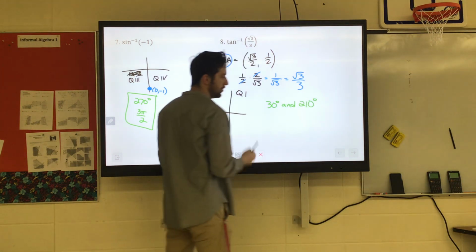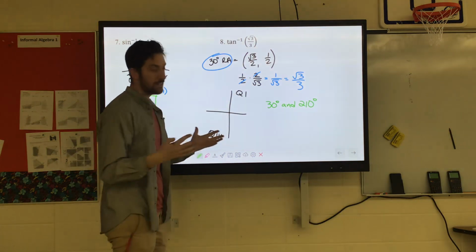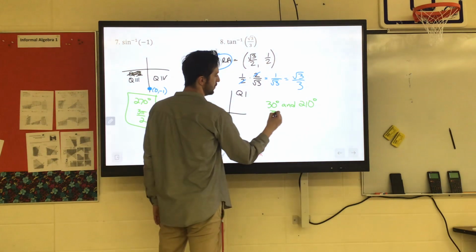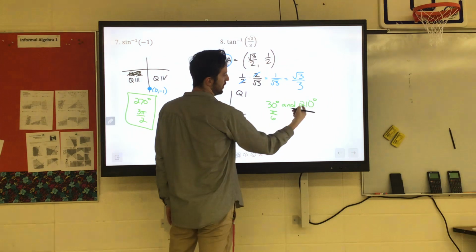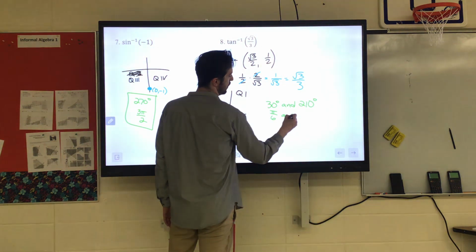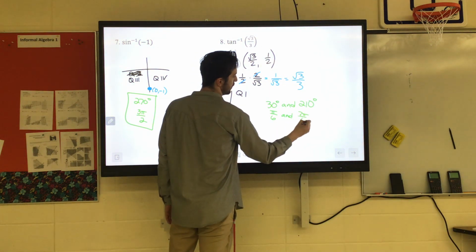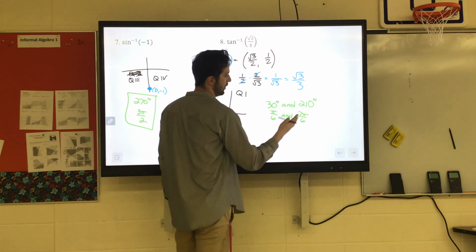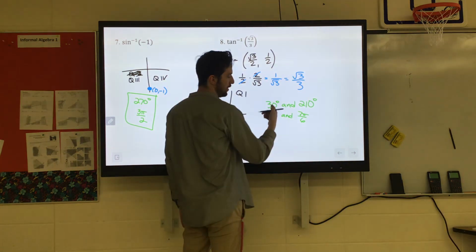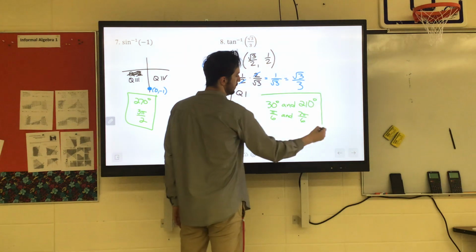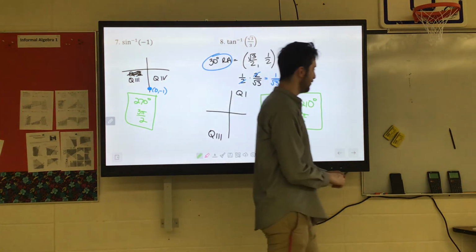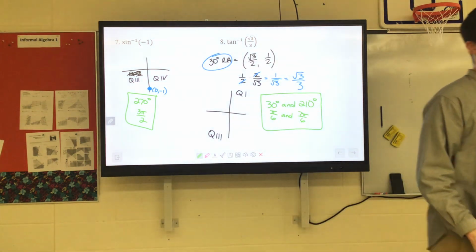We're going to convert these into radians. 30 goes into 180 6 times, so pi over 6. And then we'll multiply it by 7 for that other one. 7 pi over 6, because 30 times 7 is 210. Pi over 6 times 7 is 7 pi over 6. That was fun. Oh, it was a really good time.